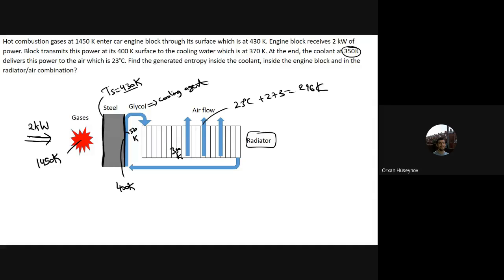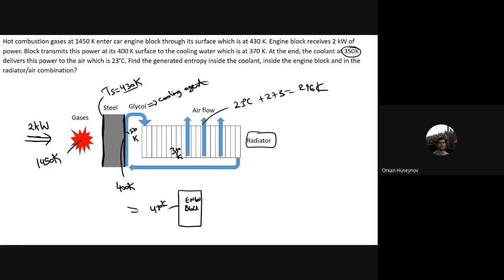Okay, so this is the system. If we summarize it, we have the engine block here. This engine block will have a temperature of 430 Kelvin.